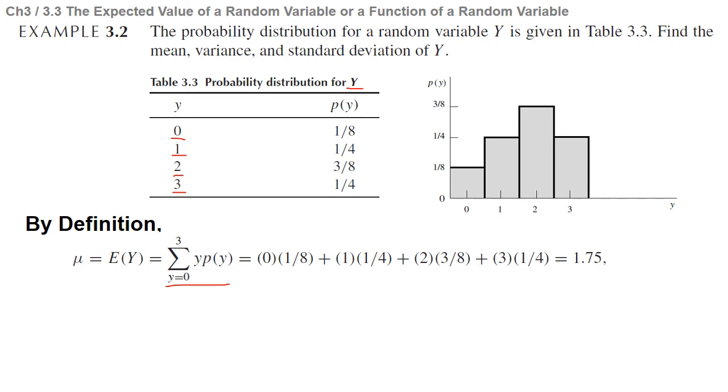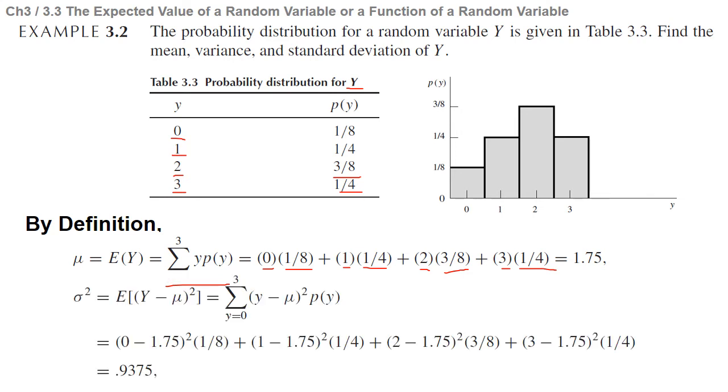So for y equals 0, the related probability is 1/8, plus for y equals 1, the related probability is 1/4, plus when y is 2, the related probability is 3/8, and for y is 3, the related probability is 1/4. When we calculate this, we get 1.75. So mu is 1.75 here.